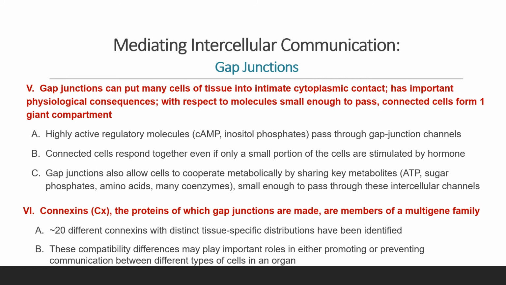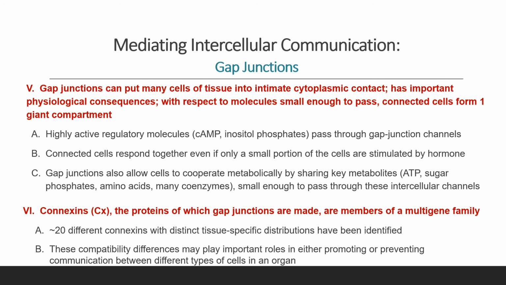Next, gap junctions can put many cells of a tissue into intimate cytoplasmic contact, and this has important physiological consequences. This is with respect to the molecules that are small enough to pass and connect cells to form one giant compartment. So highly active regulatory molecules, such as cAMP, specifically inositol phosphates, pass through gap junction channels.